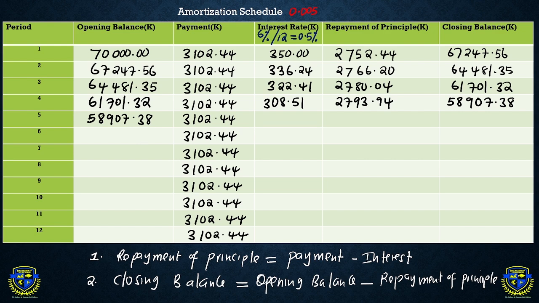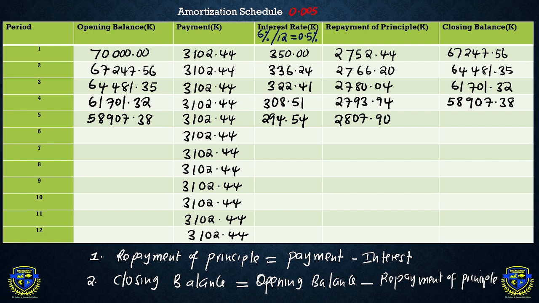Now, that opening balance multiplied by 0.005, it's going to give us a 294.54. Okay, repayment of a principal, 3102.44 minus 294.54. It's going to give us 2,807.90.